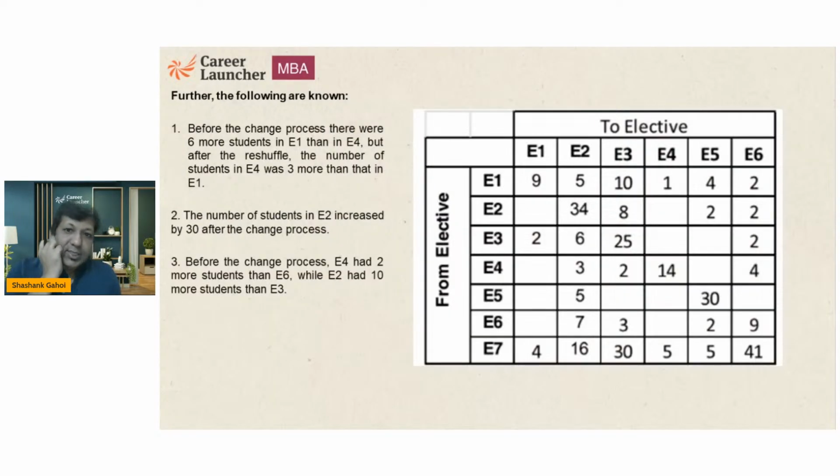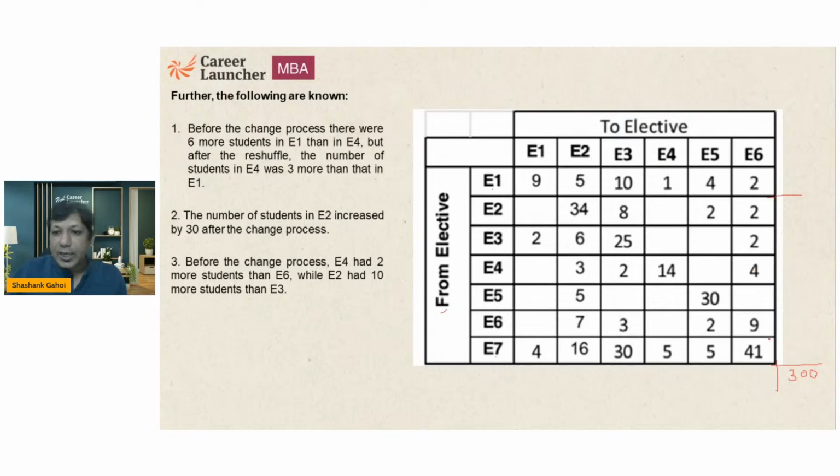So this is the table that we got. And there is some additional information given to us. The total number of students is 300. The 'from elective' means E1, E2, E3, E4, E5, E6, and E7.